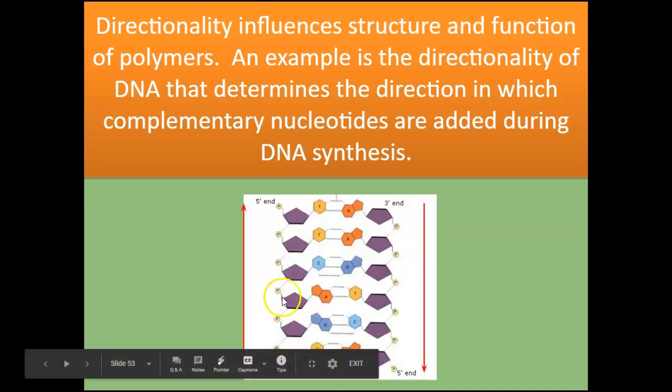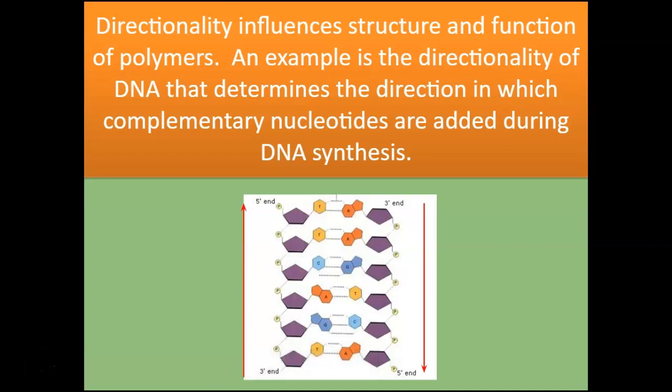But notice how the direction of these DNA backbones varies depending on orientation. But just understand from this slide that the arrangement of monomers really affects the function of the polymer.